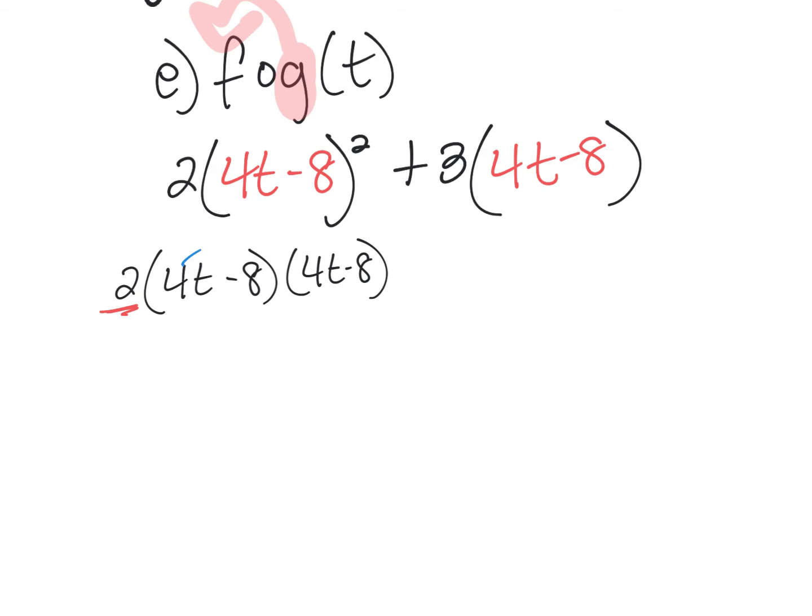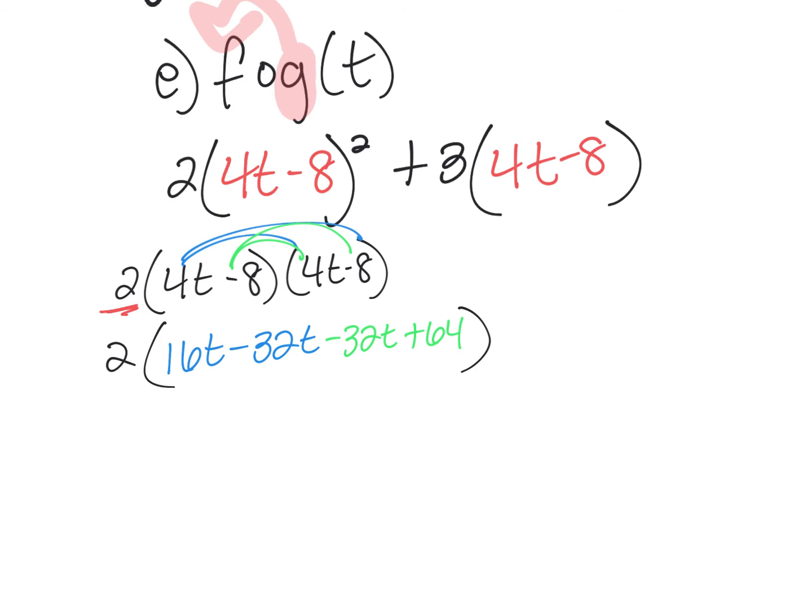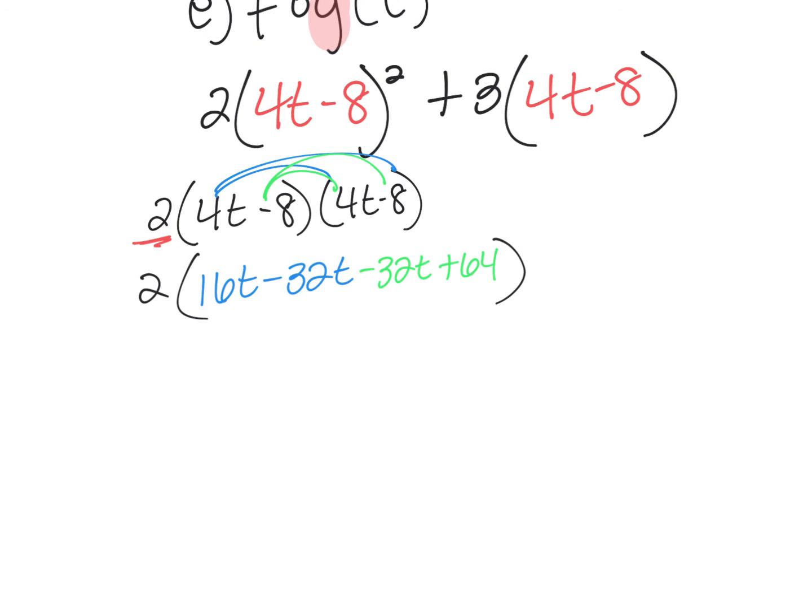So I've got 4t times 4t gives me 16t. 4t times -8 is -32t. -8 times 4t is -32t. -8 times -8 is +64. And don't forget, I still have that 2 on the outside, so I need to keep parentheses around it for now.